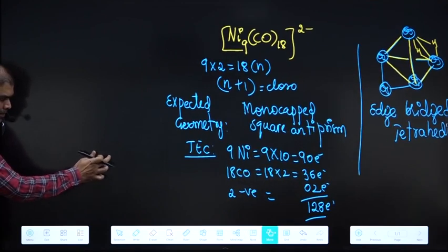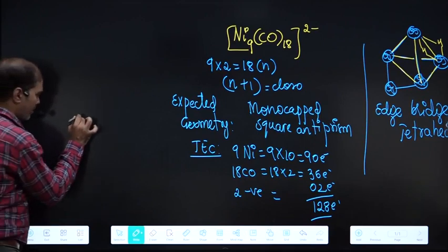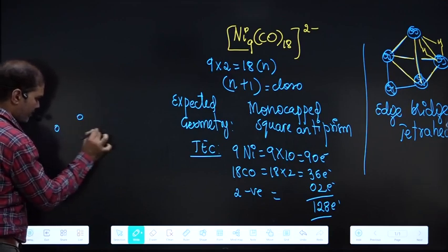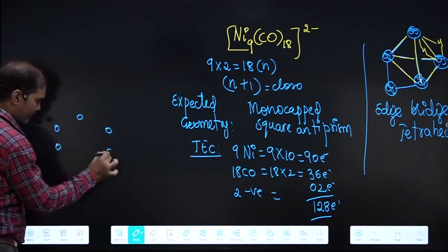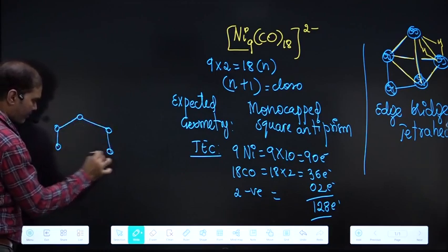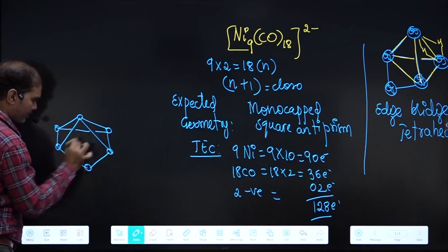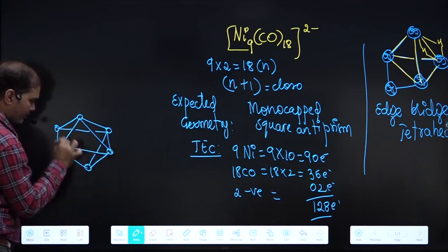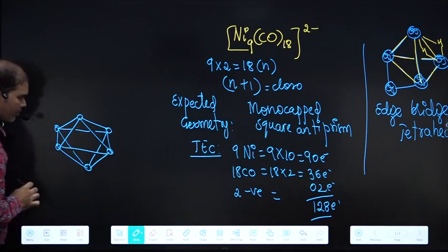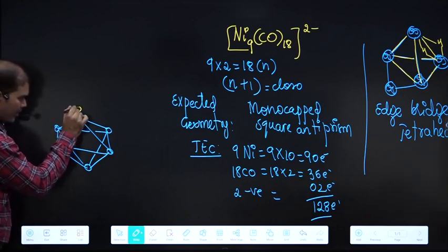Write a point now. First take down all those. What is this? Octahedra. It is an octahedra.